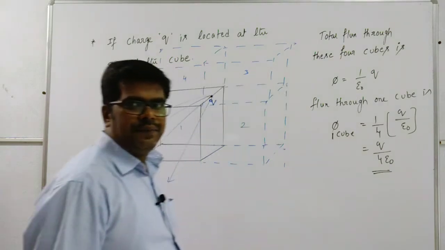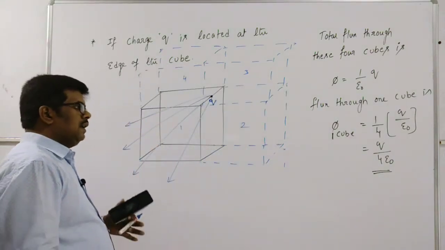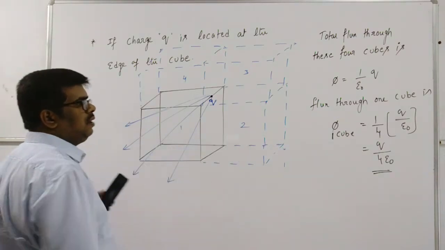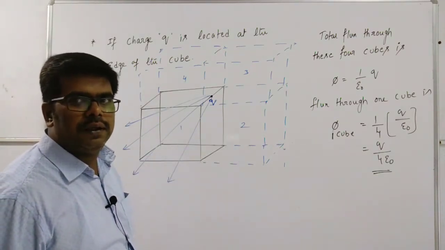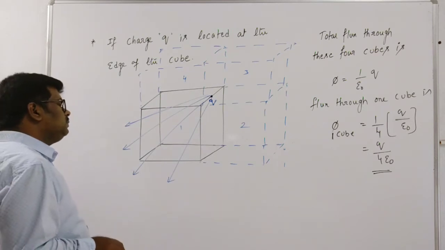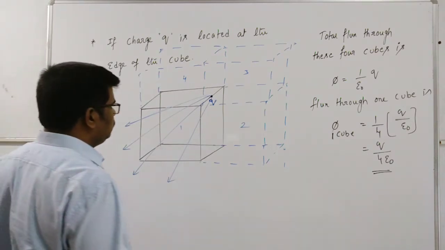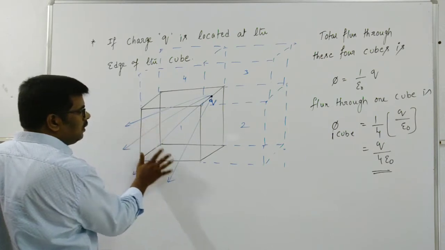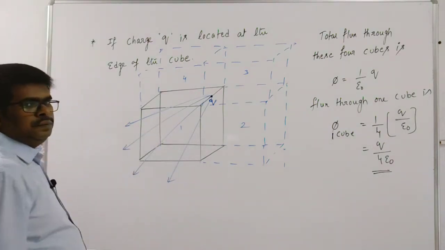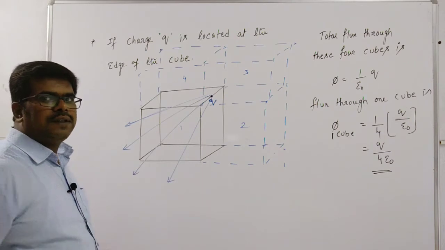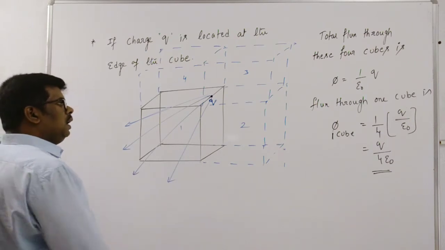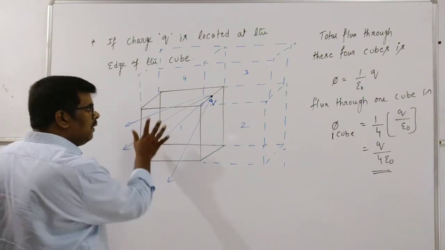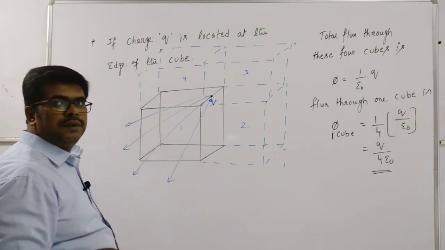This is the thing. And one more case: flux through 1 cube we discussed as q by 4 epsilon naught. One more question they are asking: flux through each surface of the cube. Flux through each surface means, when this kind of arrangement is there, how many faces can be seen?